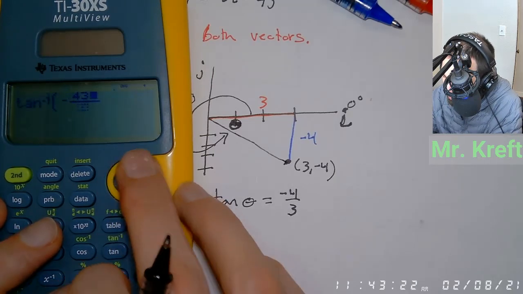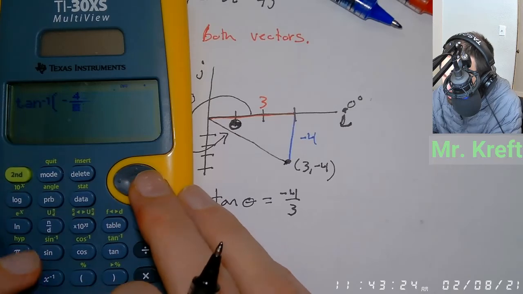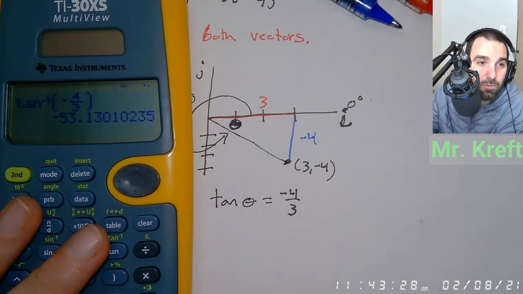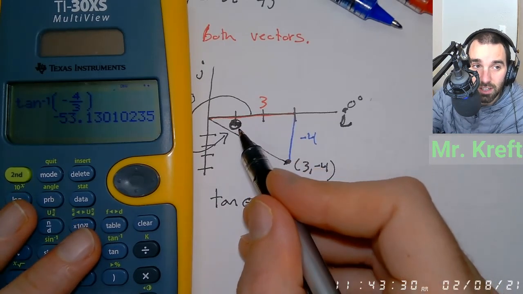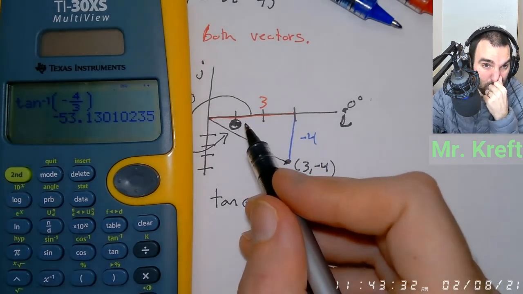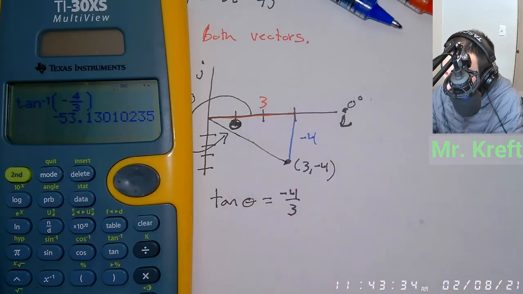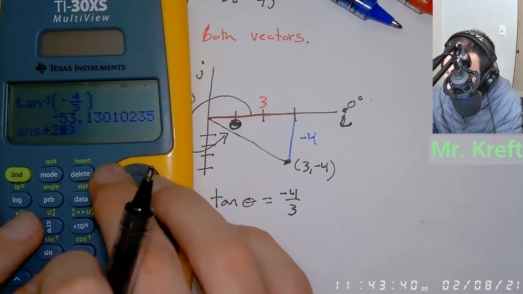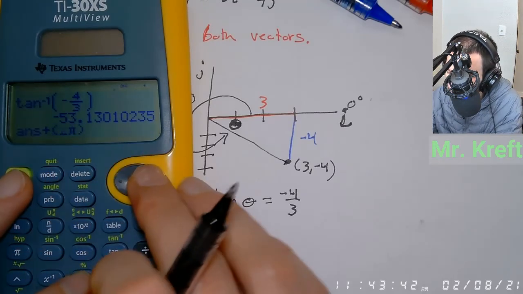Oops. Okay, so what do we get? -50. You guys see how it's negative, it's down. So since it's already negative, I can just add 2 pi to that. And then I should put parentheses so it doesn't add 2 and then multiply by pi.